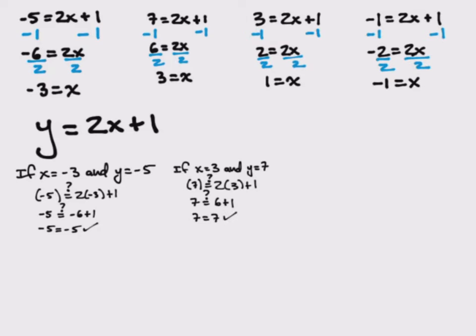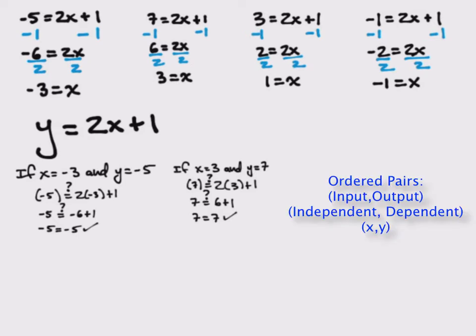We could also represent solutions to that equation as ordered pairs. Remember that in an ordered pair, the first entry represents the input or the independent variable, and the second entry represents the output or the dependent variable. Of course, in this case, the convention is that x is our independent variable and y is our dependent variable, so we don't need to tell the reader explicitly which entry goes with which variable because it's understood.